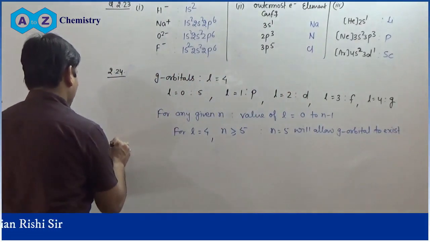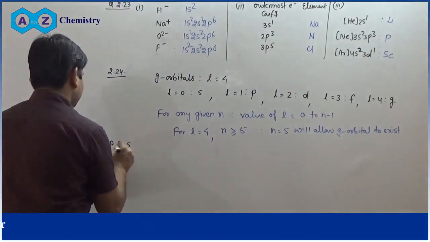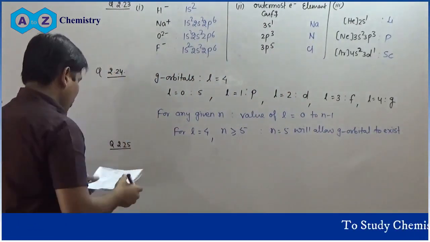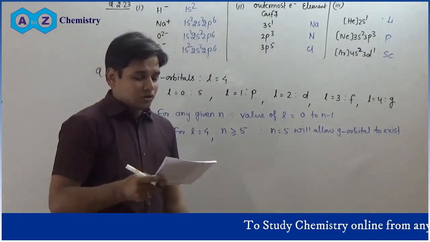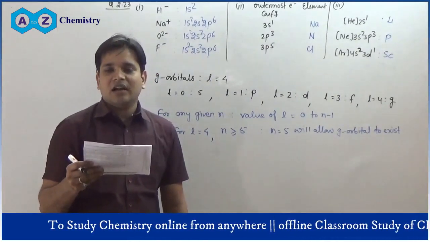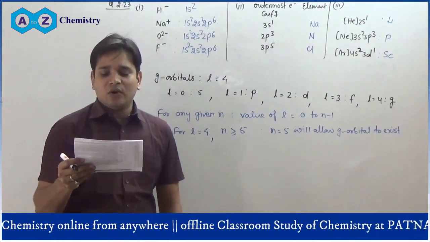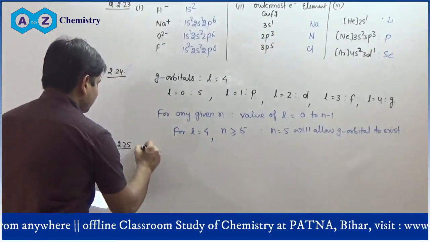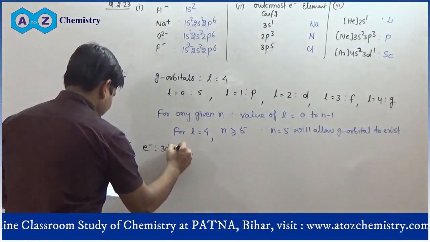Question number 2.25. An electron is in one of the 3d orbitals.